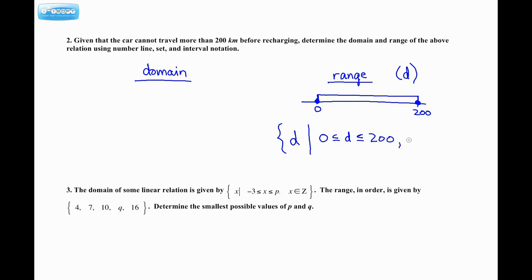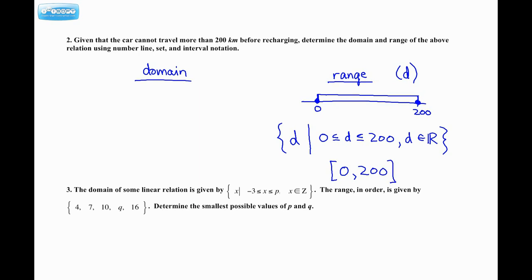And it is continuous, so d can be a real number. And interval notation couldn't be simpler. We have a left and right bound. They're both inclusive, so that means both of these brackets are square. So that's the range.